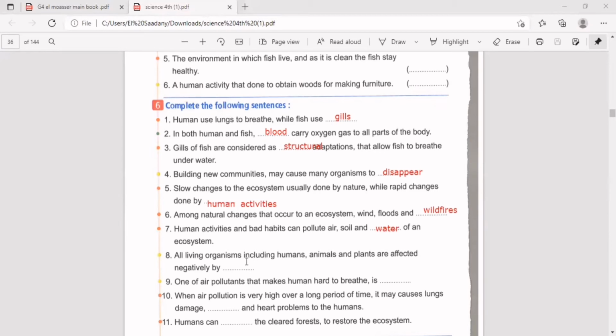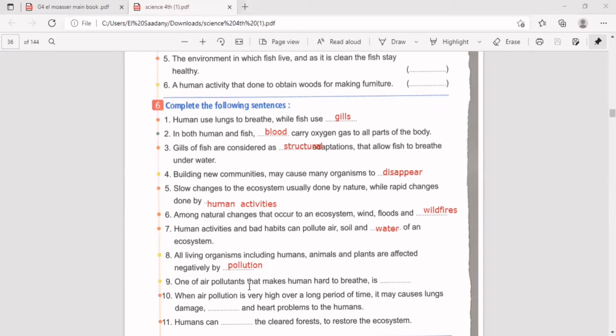The humans need to go to other places that have no pollution. The animals and the plants will just move. The plants will spread their seeds to germinate in new places where there is no pollution.